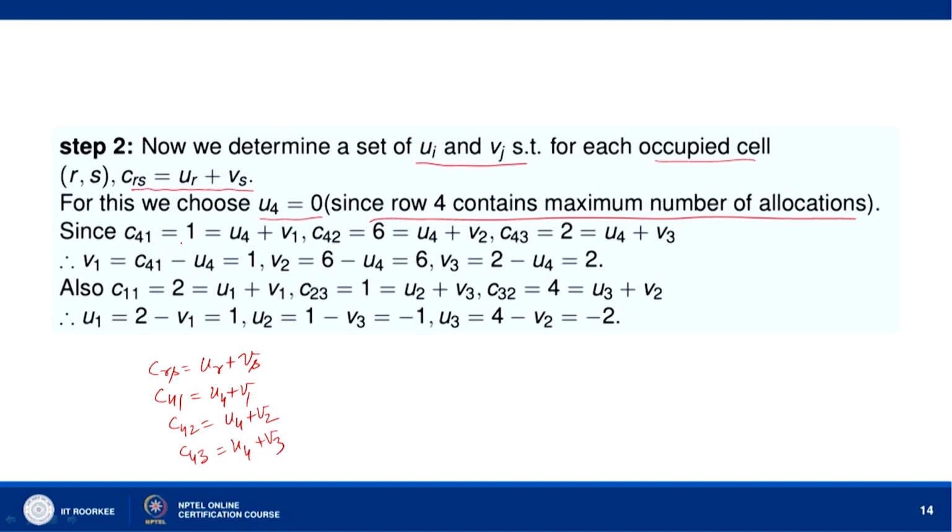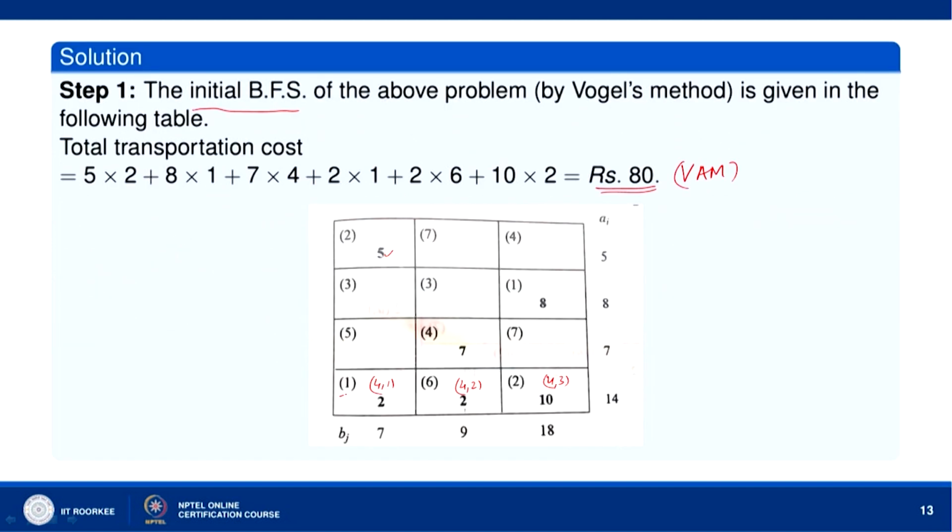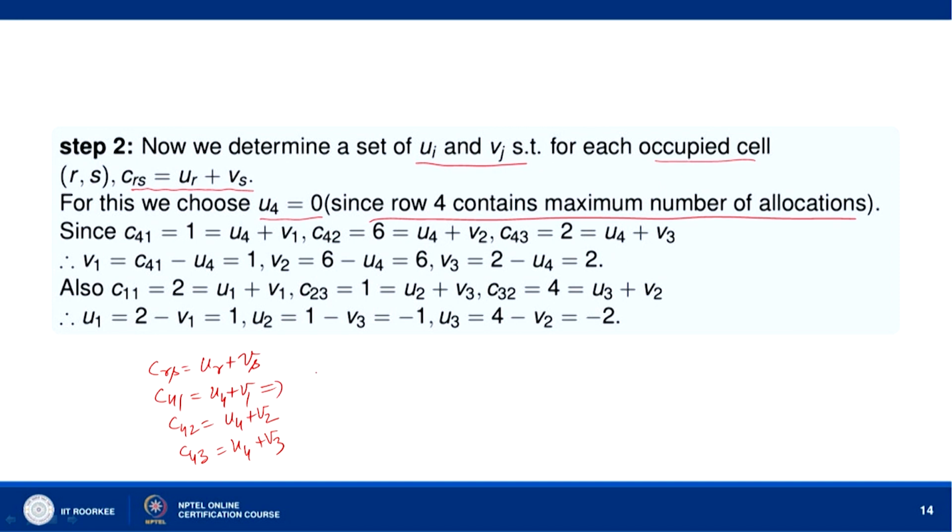C 4 1 is 1, C 4 2 is 6, C 4 3 is 2. So, 1 equals u 4 plus b 1, but u 4 is 0, so we get b 1 equal to 1.